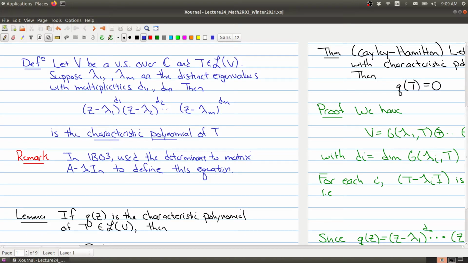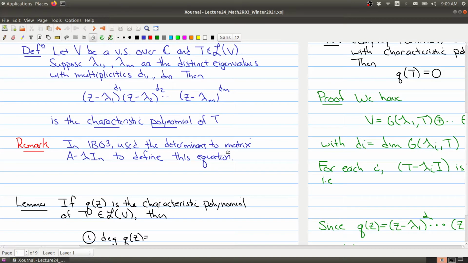Now this is different than what you would have seen in Math 1B03, where we use the determinant of a particular matrix to define this polynomial. You can prove the two definitions are the same, and if you're curious, this is done in chapter 10 of our book, which is on determinants, but we're not going to do this in this course.